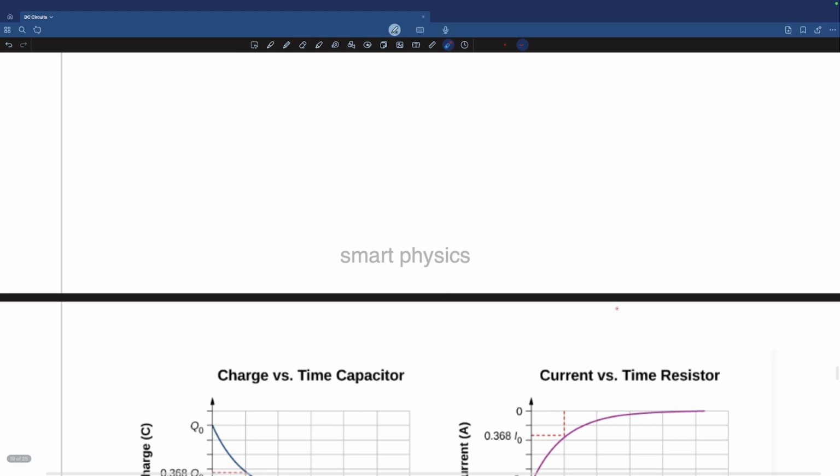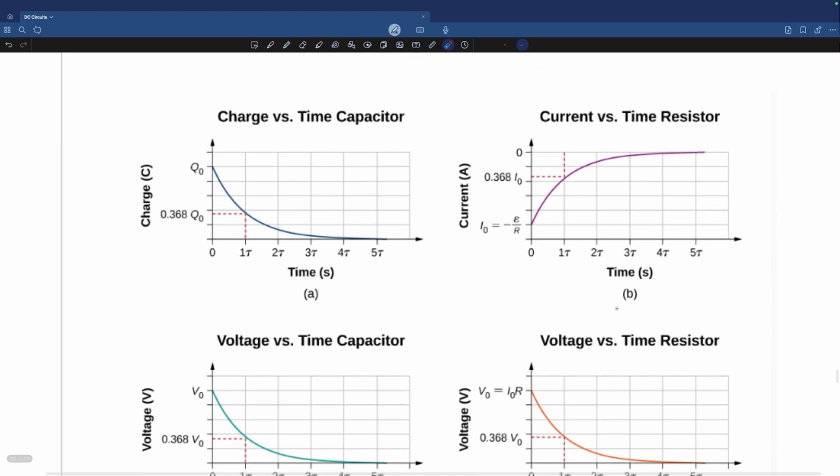Now when it comes to discharge, of course you start from maximum, and then the charge across the capacitor is going to go to 0 because it's discharging. Same thing with the voltage. But for a resistor, the current increases. So at the beginning it's 0 and then it increases.